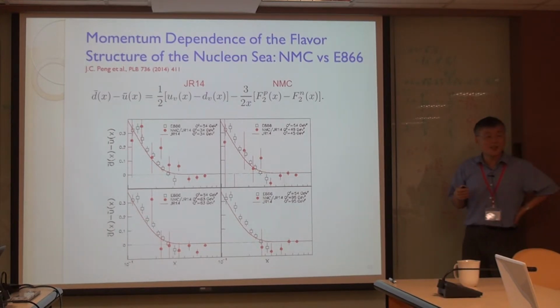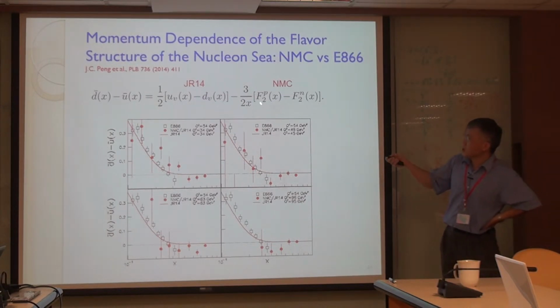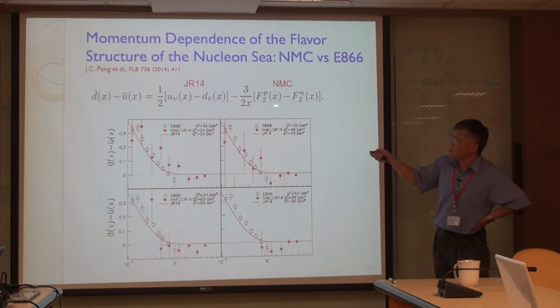The NMC is DIS. Normally they check this U bar D bar asymmetry using the integral form. So instead of using the integral form, we take the difference of the structure functions F2P and F2N.